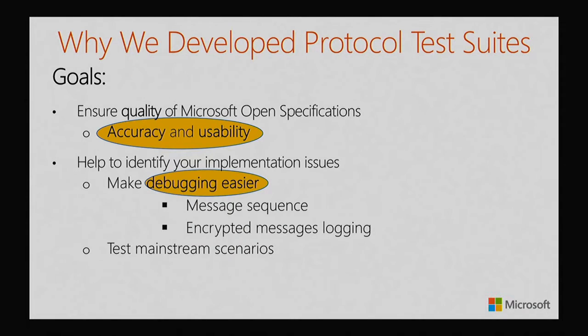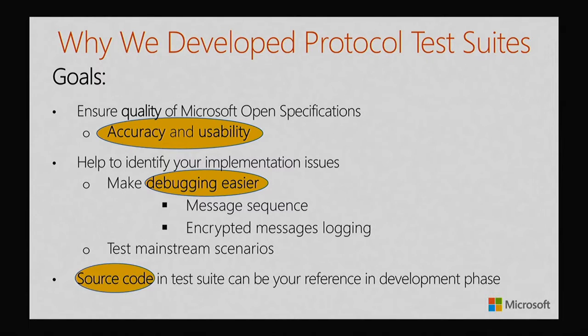Our test suite covers the major mainstream scenarios, and we have tools for you to view the messages before encryption and after decryption. As I said, our test suite already covers the major scenarios, so you don't need to manually trigger specific Windows events.